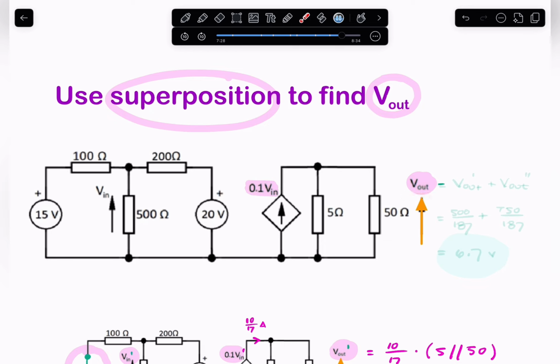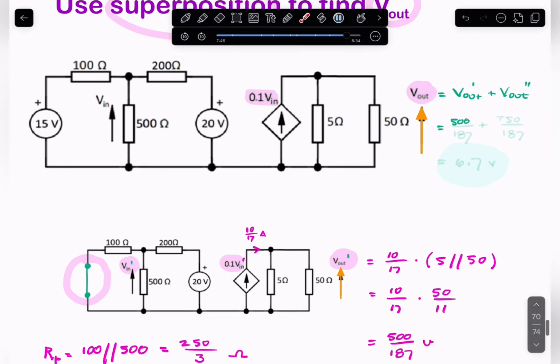So now we've found V out double prime, we can go back and find V out as the sum of V out prime and V out double prime. So it's the two voltages that we found. So our first voltage was 500 divided by 187.